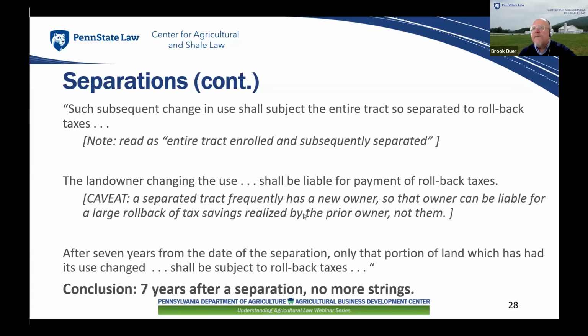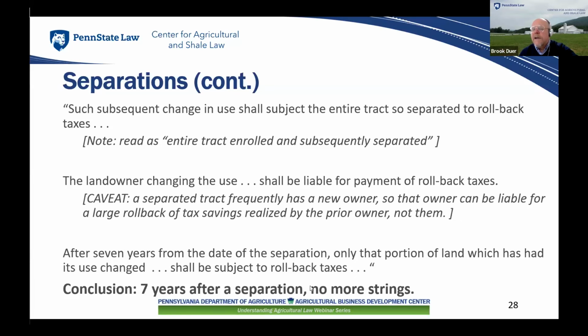It wasn't even the tax savings that you realized. It was realized by the prior owner, not the owner who's changing. So the bottom line is this is where there's a little bit of a tentacle reaching out that can hang around for a while. After 7 years from the date of separation, only that portion of the land which has had its use changed is subject to rollback taxes.